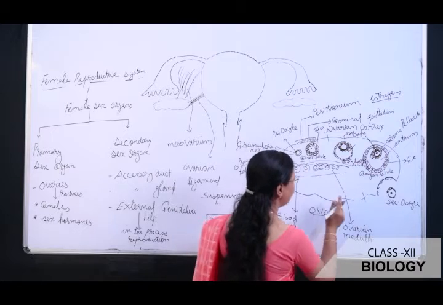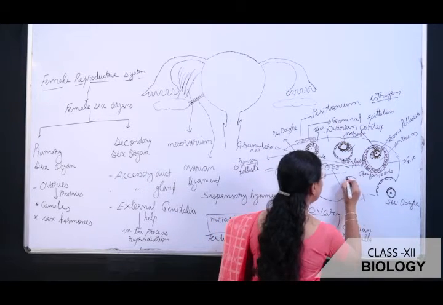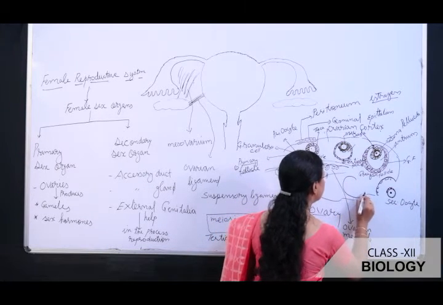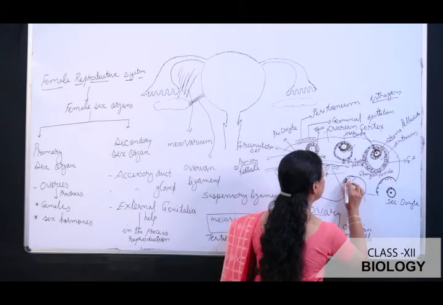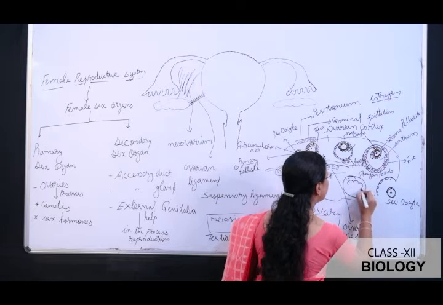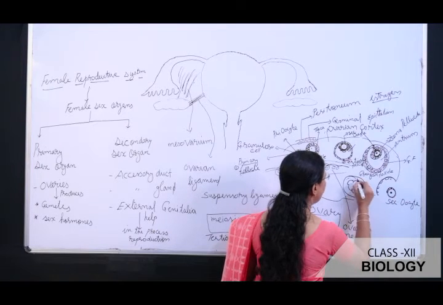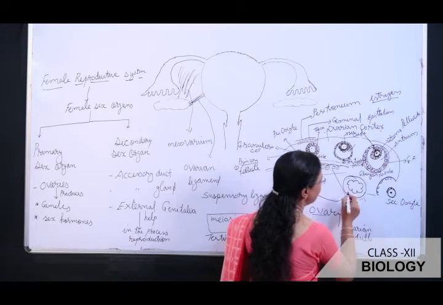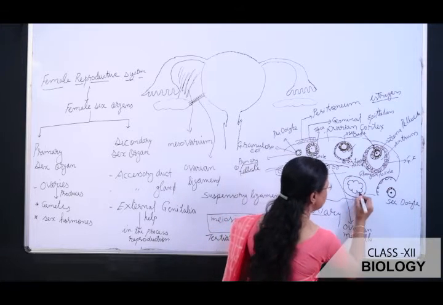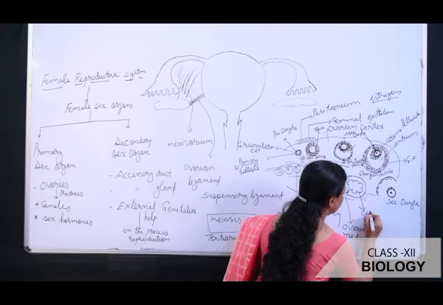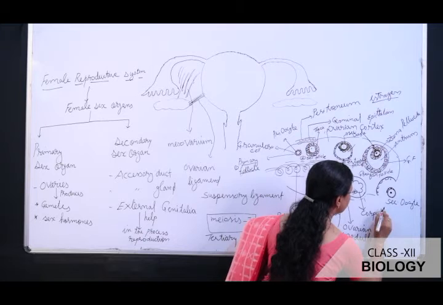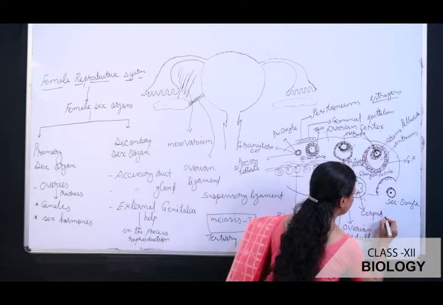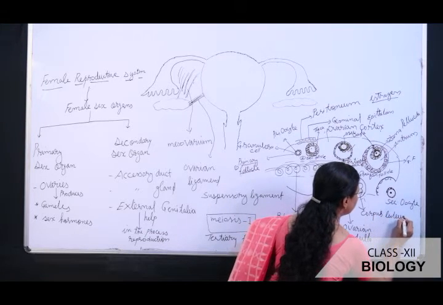Now, what happened to this ruptured Graafian follicle? This ruptured Graafian follicle is now converted into another structure, which is known as the corpus luteum.